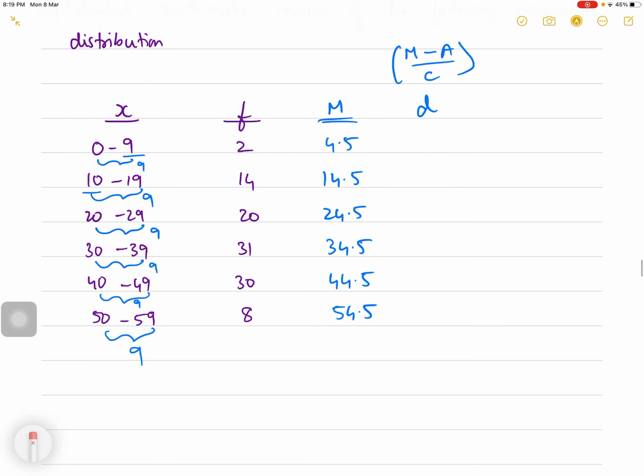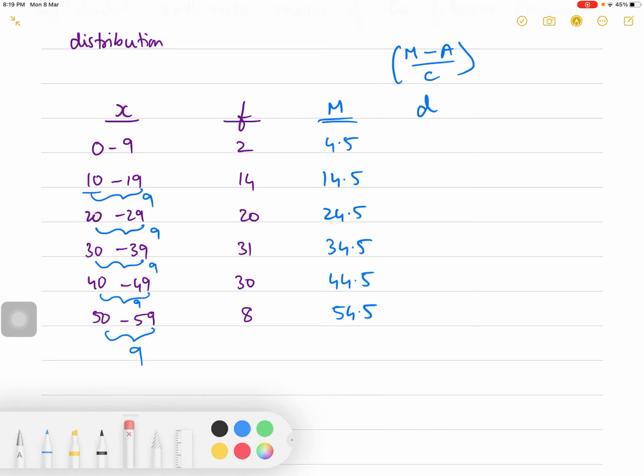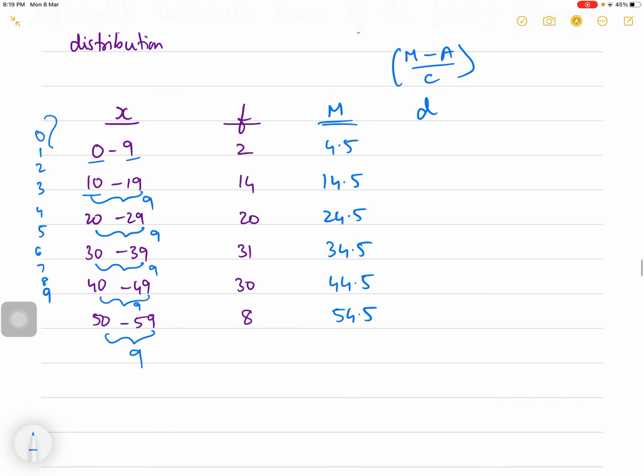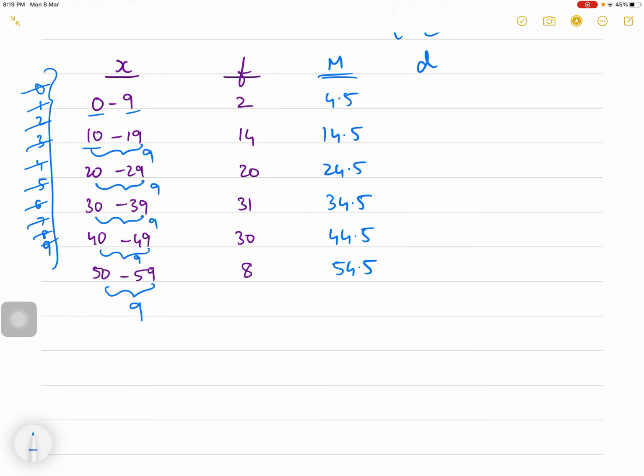In case of inclusive class, what happens? 0 is included and 9 is also included, right? So 0, 1, 2, 3, 4, 5, 6, 7, 8, 9. All these numbers are included. So 1, 2, 3, 4, 5, 6, 7, 8, 9, 10. So there are 10 numbers. So that means C is equal to 10. You cannot take C is equal to 9.